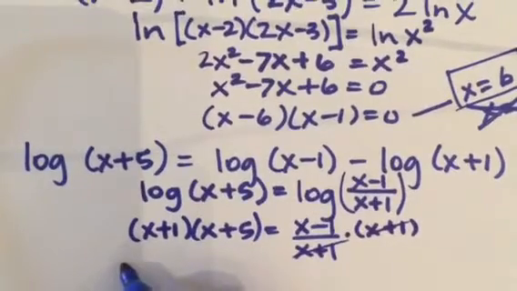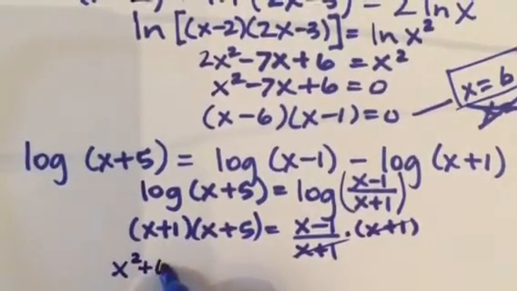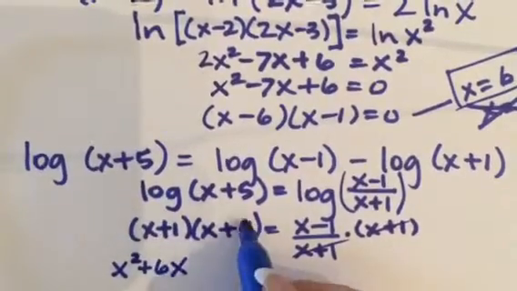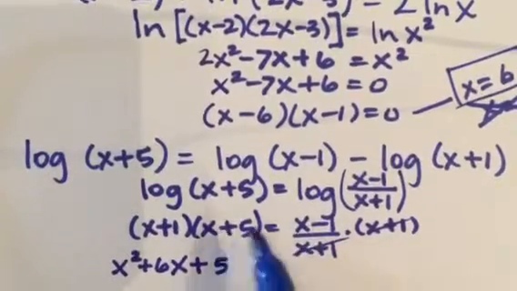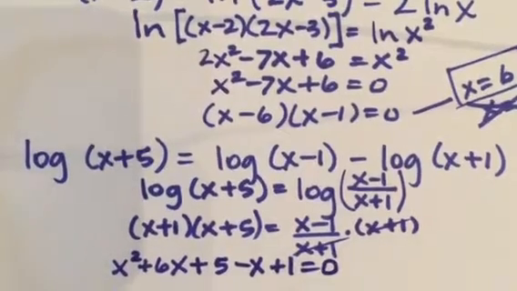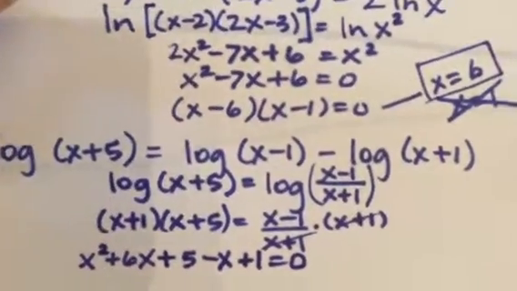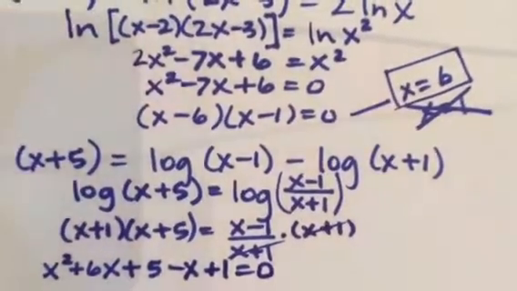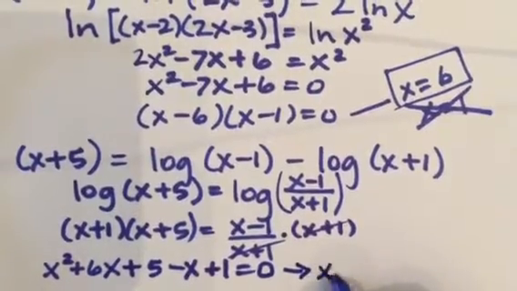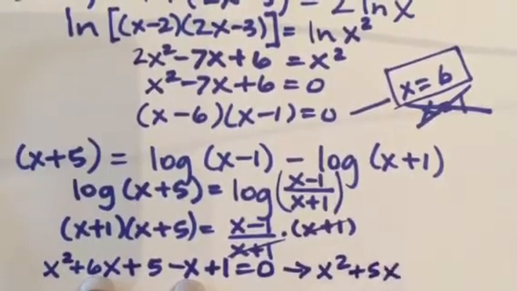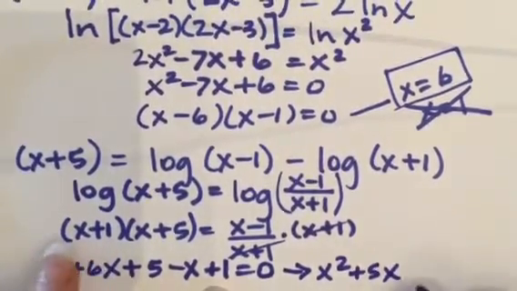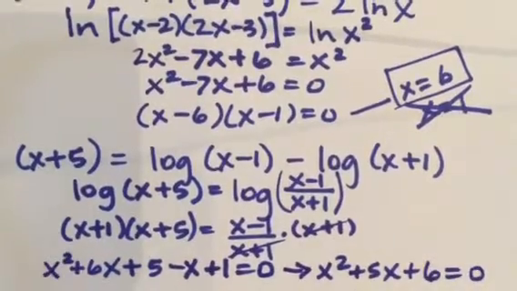So I would have x squared plus 6x, because I've got the 5x and the 1x, plus 5. And then I'm going to move this over too. So I'm going to subtract x, and I'm going to add the 1. It's equal to 0. So when I simplify that left-hand side of the equation, I end up with x squared, 6x minus x plus 5x. 5 plus 1 is plus 6 is equal to 0.